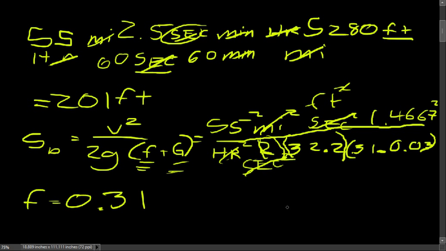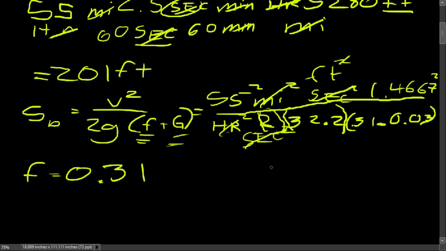I got 55 squared times 1.4667 squared divided by 2 divided by 32.2 divided by parentheses 0.31 minus 0.03 close parentheses go, and that's 360, and 360 seems pretty reasonable for our problem statement.